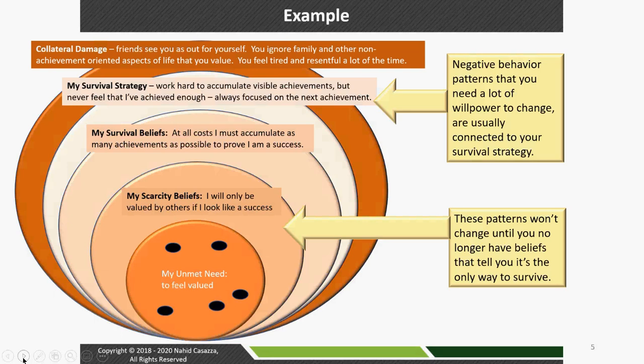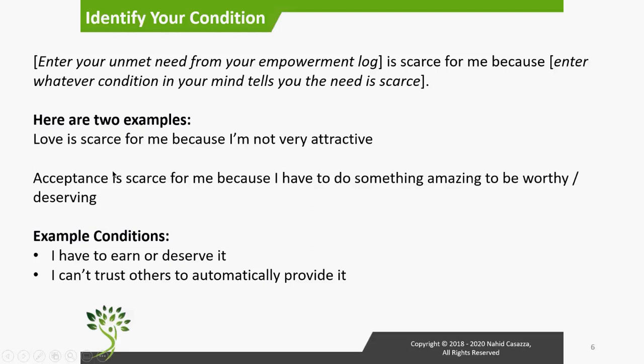So for those of you that are confused, or even if you're not, this might clarify things. I have some things here that you can do to help identify your condition. You can write a sentence that says, this is scarce for me. So love, appreciation, being valued, certainty is scarce for me because the world is an unpredictable place, right?